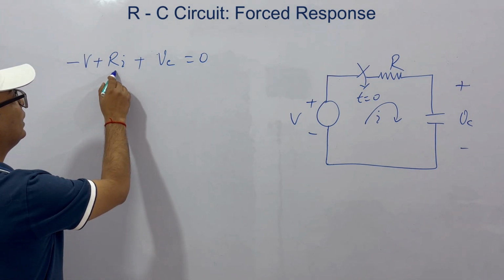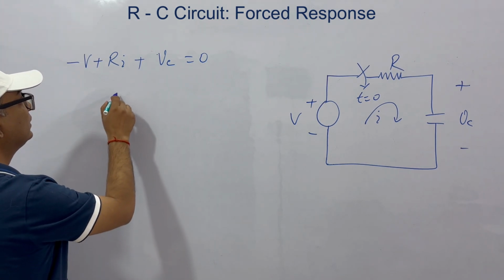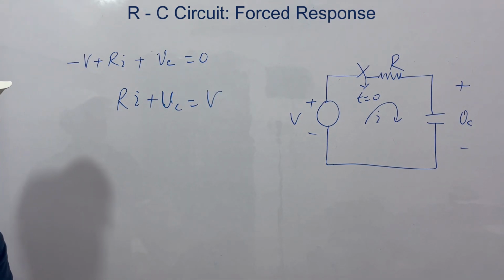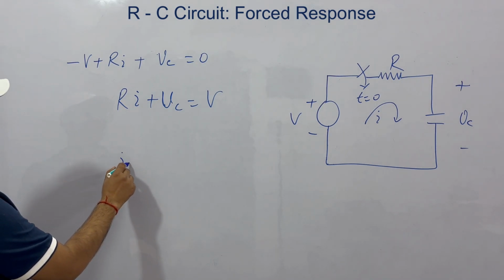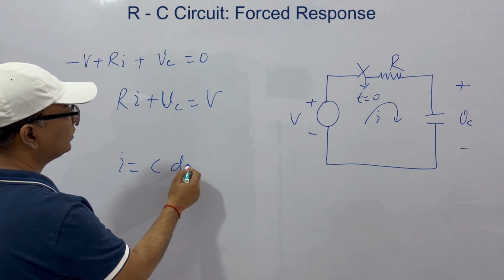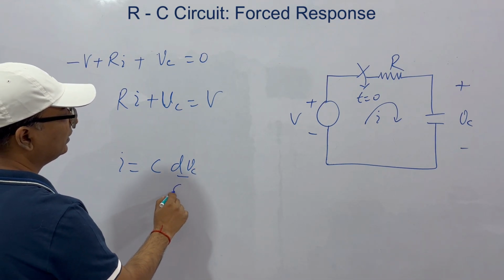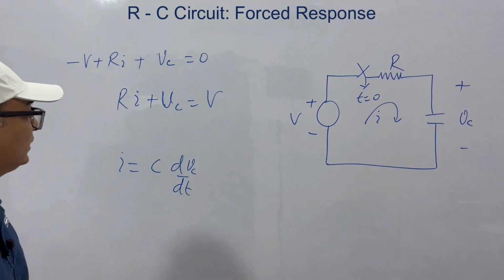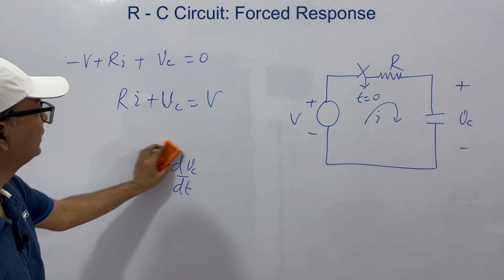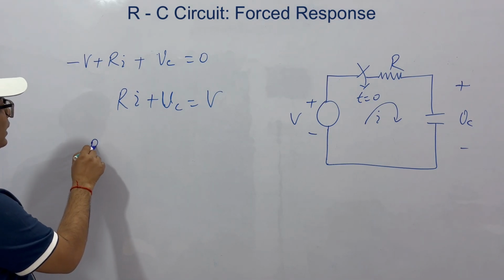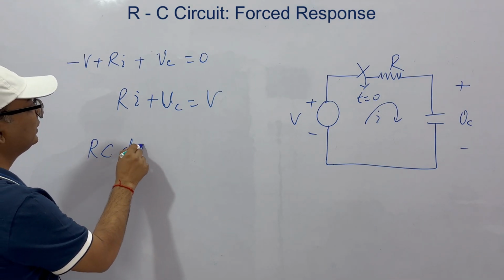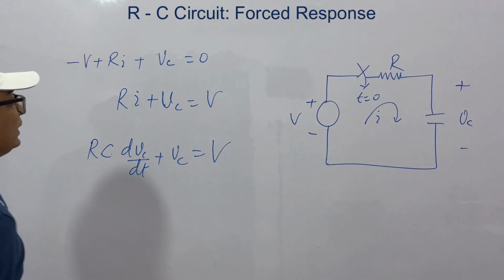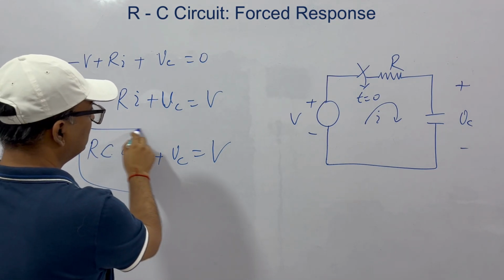Or you can say RI plus VC is equal to V. And you know for a capacitor, I is equal to C dVC by dt, where VC is the voltage across the capacitor. So let's put it in this equation. So this becomes RC dVC by dt plus VC equal to V. This is the equation that governs this particular circuit.